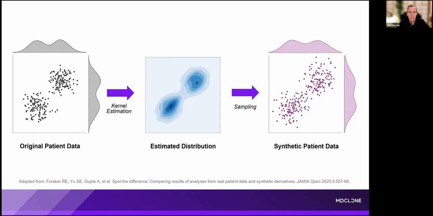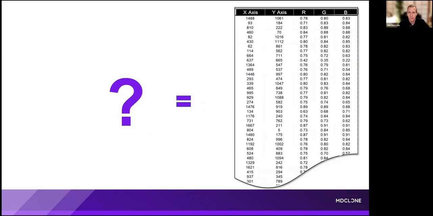So let's switch gears to something a little fun. Here is a spreadsheet. It's got many rows, and it's got, in this case, 5 columns. And what is this? Well, if you look at it, it's got an X, a Y, an R, a G, and a B, a red, green, and blue. So this is a pixel map.